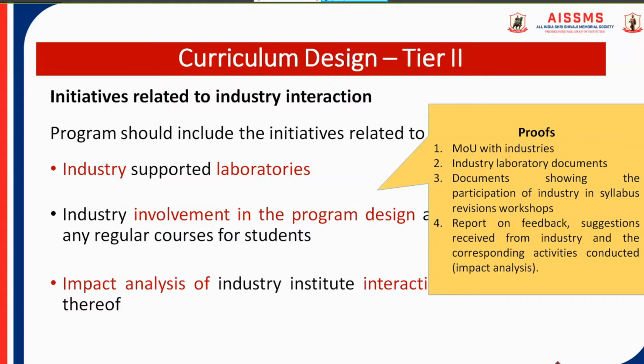Whenever you are doing certain activities, you have seen in the last 5 to 6 slides that everywhere I have purposefully put what proofs you should maintain, because it has been observed that many teachers proactively do many activities but fail to maintain the records. Many times even though they maintain the record, they do not exactly know why they are maintaining it.